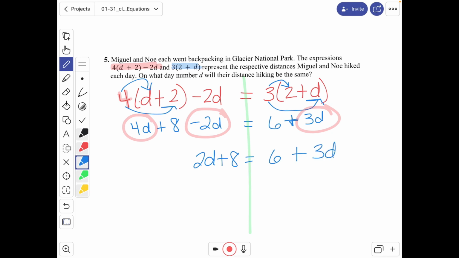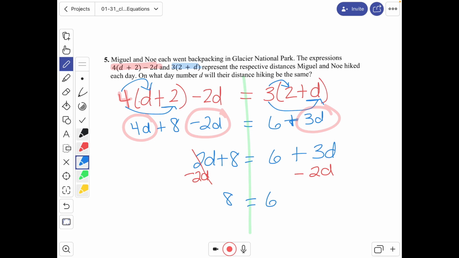Now I want to put the d's on one side because I have some on the left and some on the right. Remember, we want to push around the little guy, so I'm going to move the 2d. So the opposite of 2d is minus 2d, or negative 2d. And these cancel. 8 is left by himself. Equal sign straight down. 6.